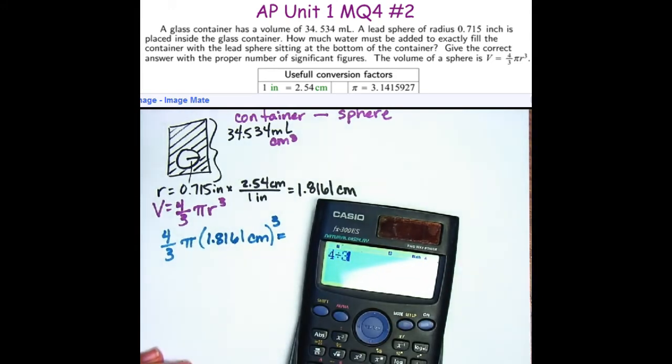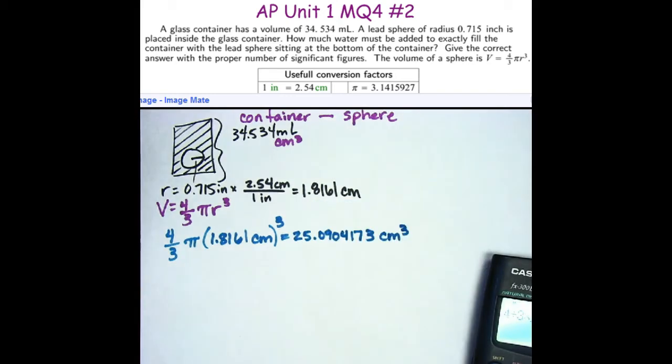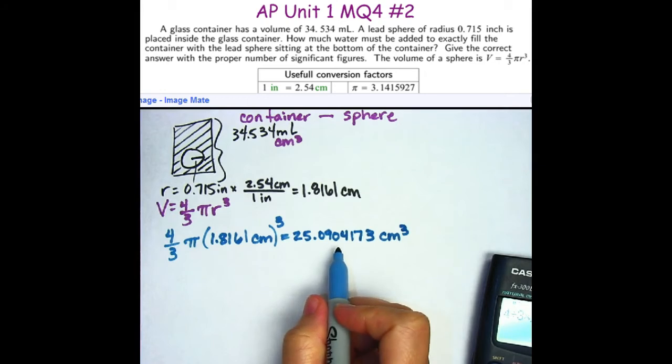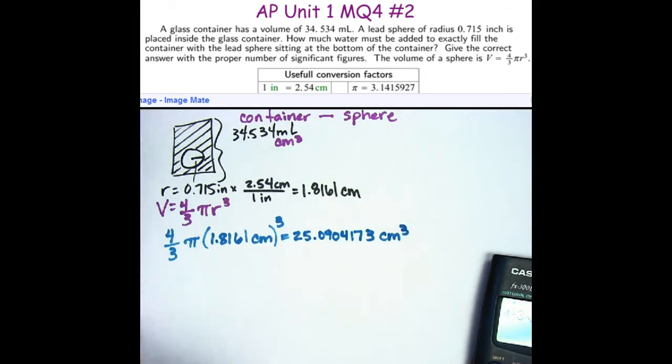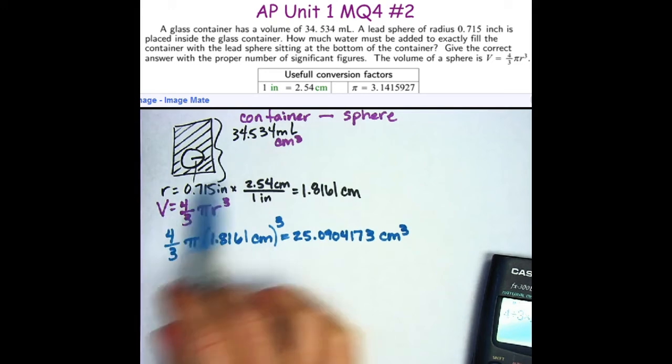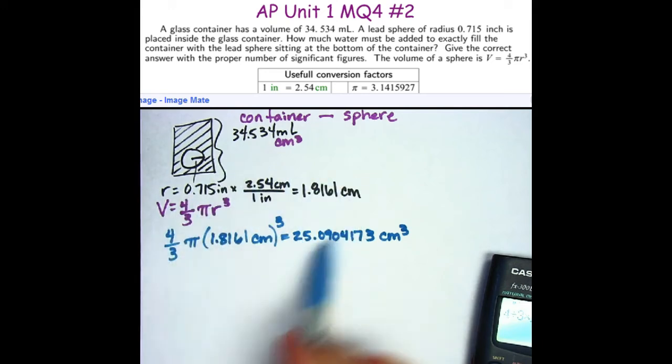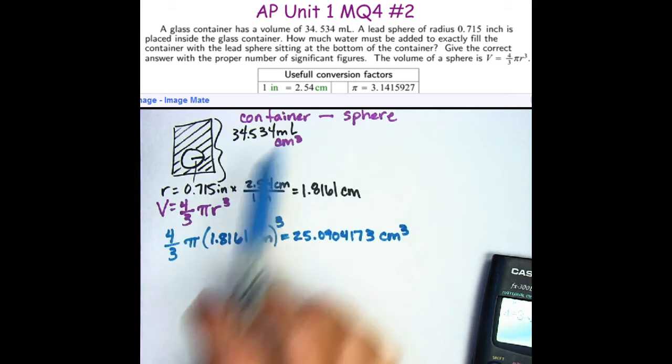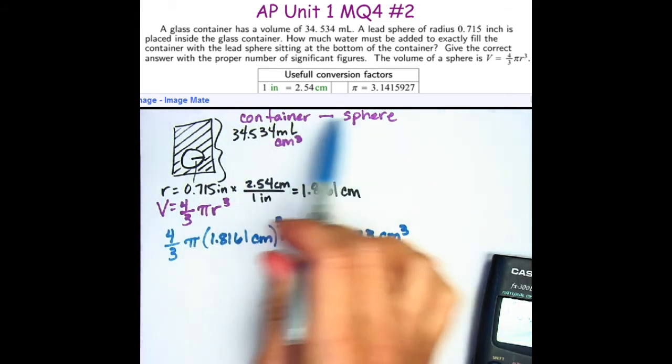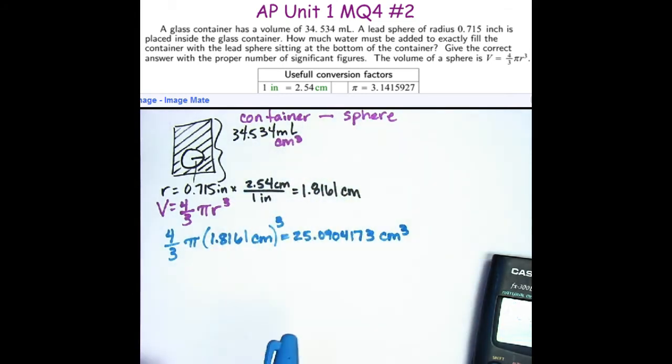4 divided by 3 times pi times 1.8161 cubed. We get a value of 25.0904173 cubic centimeters. Now I'm going to round this off based on multiplication and division, because up here I'm going to be performing subtraction, which is a completely different rule for rounding.